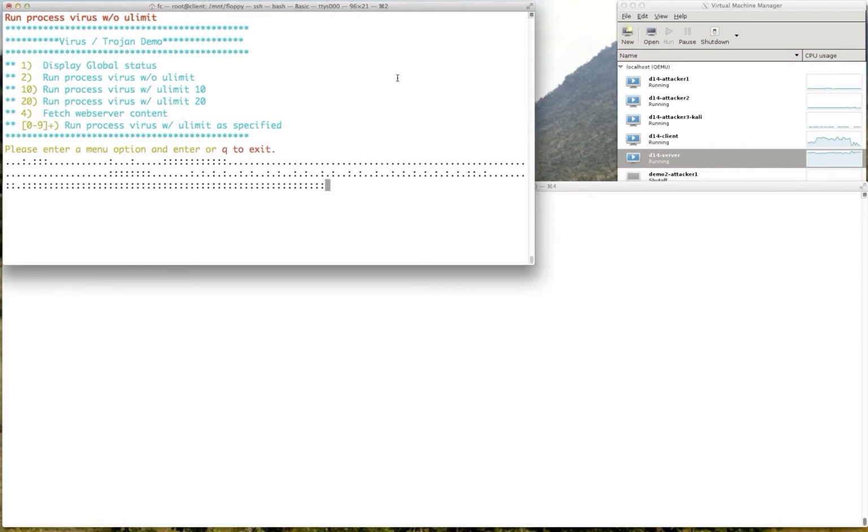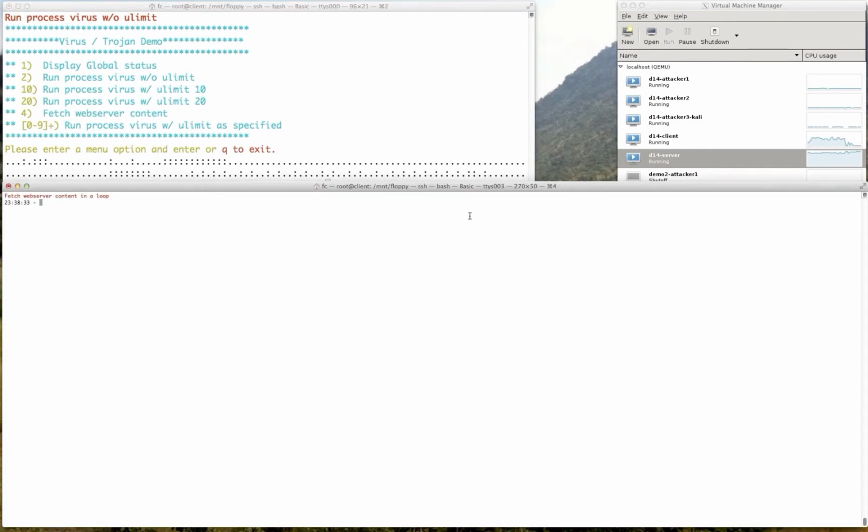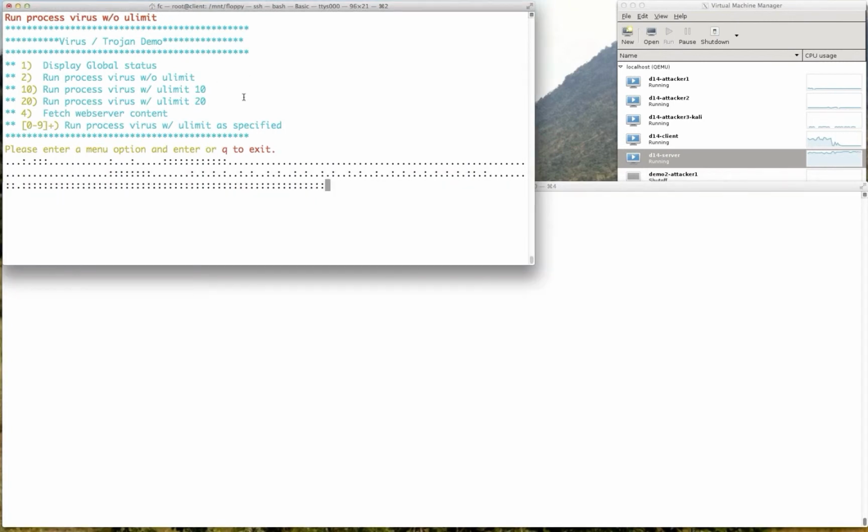And you can see we're getting all these dots and colons indicating the creation of the processes. The web server is waiting to do its first fetch, and it's unable to get that first fetch. It might eventually get one fetch out of it, but seems unlikely. So that's a crash at that point.